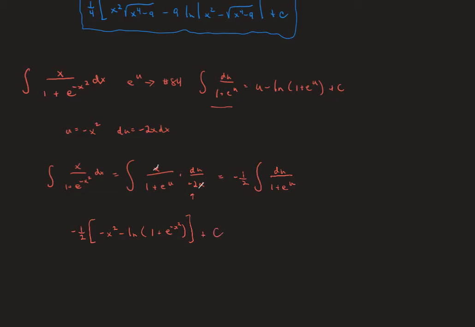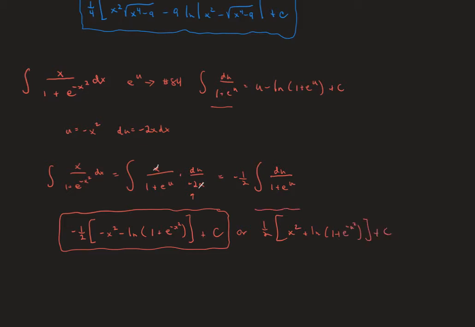So that's one possible version. You can also distribute that negative through and make it look a little more aesthetically appealing, and call that 1/2, and just call it x squared plus the natural log of 1 plus e to the negative x squared plus c. So either of those will work.